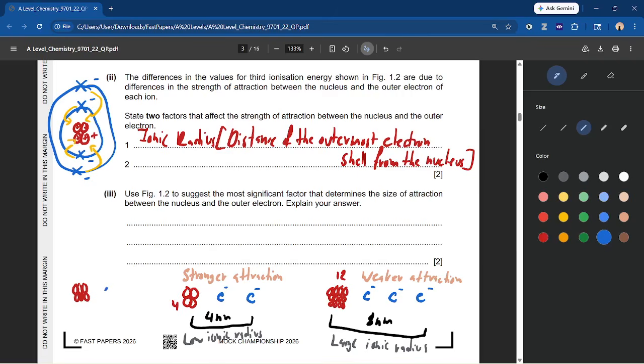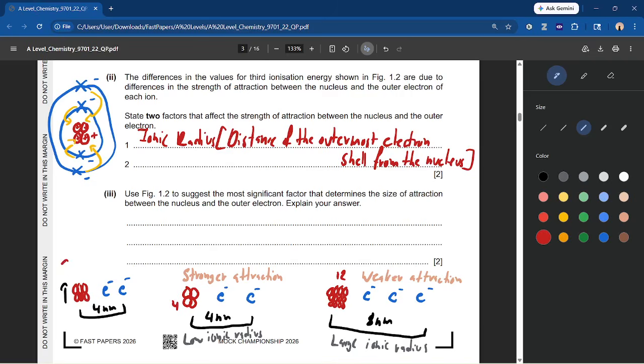So here the ionic radius is still 4 nanometers, but the number of protons is increased. So this has a stronger attraction as well.